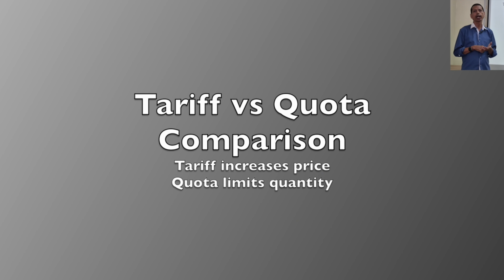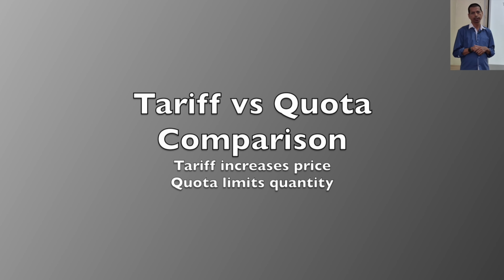Once the quota is reached, imports stop completely, even if consumers want more, even if they are willing to pay more. For this reason, quotas are usually more restrictive than tariffs. Tariffs still allow more market competition. Quotas remove that competition by limiting supply.